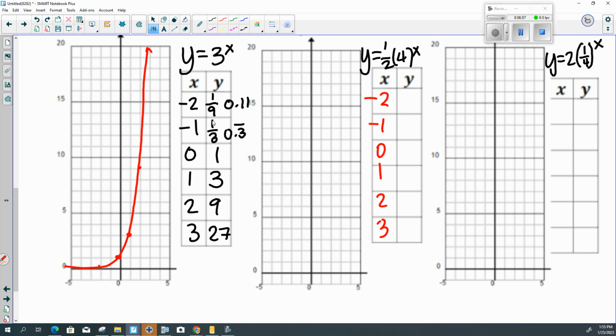Make sure you put it all in at once, and your calculator will know to do the order of operations. It could be a decimal. Turn it into a fraction just so you can see. So you push math, enter, enter. 1/32. Very, very small. I don't know if you like the fractions better or the decimals. It depends on which way you can be more successful to graph it. All right, try the next one.